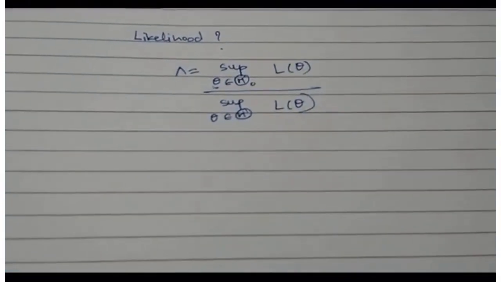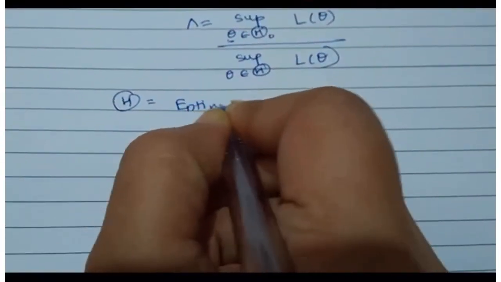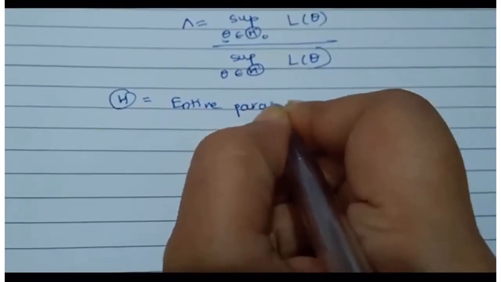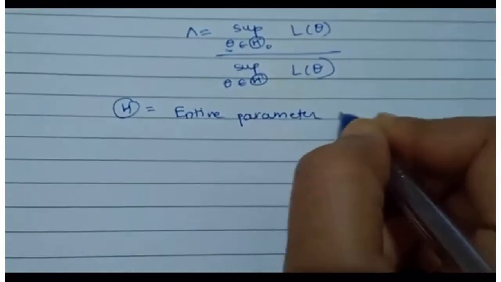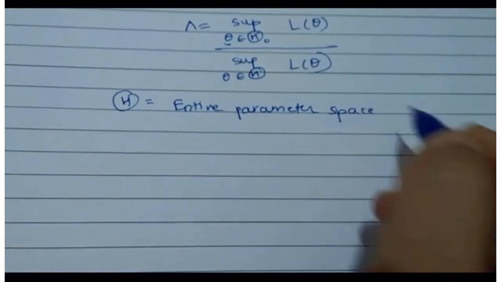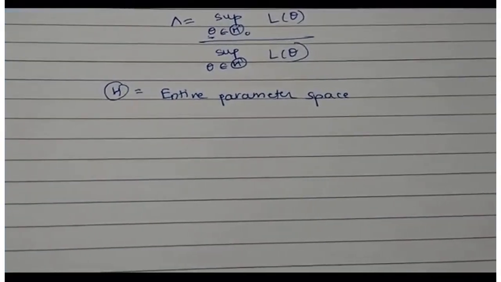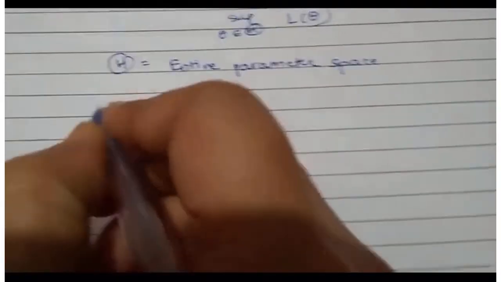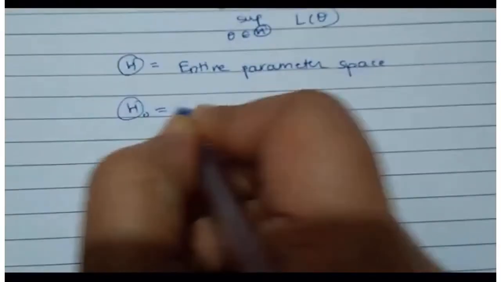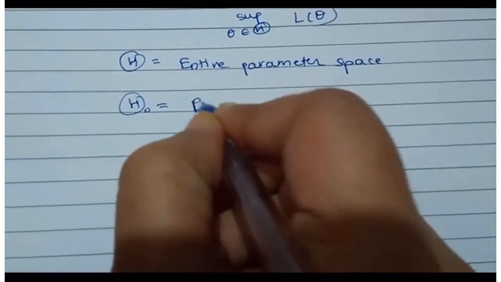This theta can be a vector or a scalar. What does this mean? Let us first try to see the meanings of these notations. My script theta is the entire parameter space. In the case of multivariate normal mean, my script theta will be the p-dimensional Euclidean space, that is R^p. Script theta naught is the restricted parameter space under H naught.